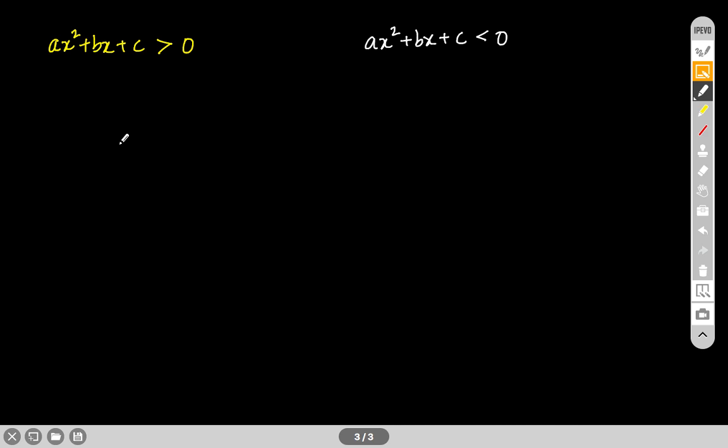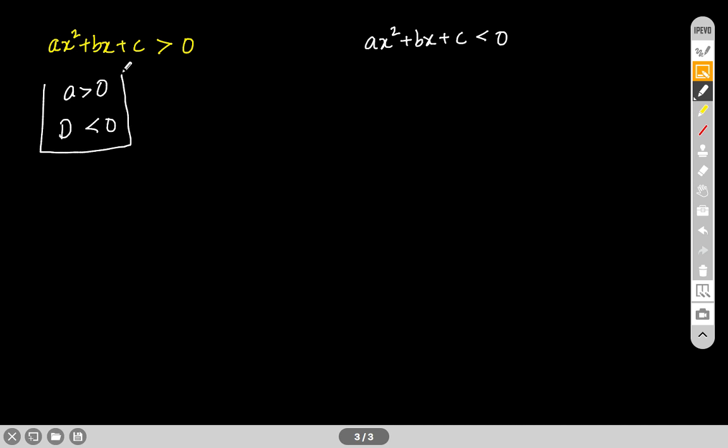If it always has to be positive, b square minus 4ac will be lesser than 0 and a will be greater than 0. Absolutely correct. So a would be positive in this case and the discriminant would be negative. Understood?